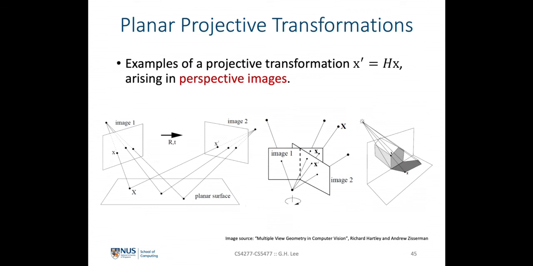And hence, the projective transformation of x prime equals H multiplied by x can arise in perspective images. Some examples will be given here, and these are the unique cases where this particular transformation can be valid.